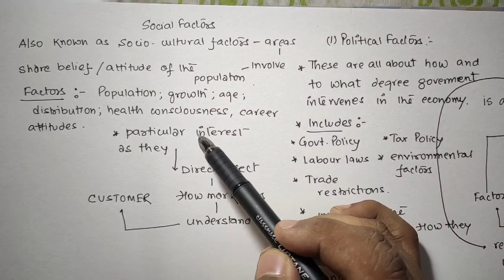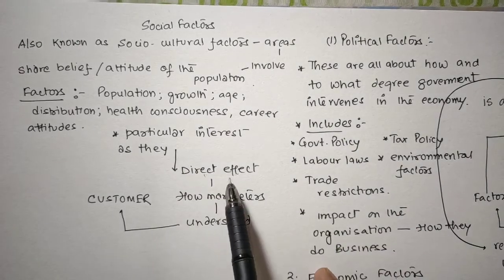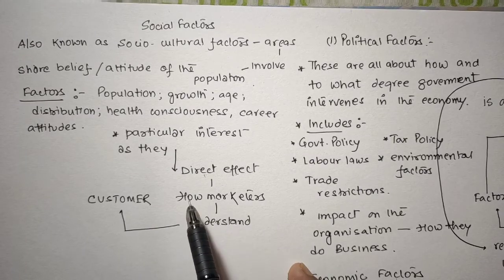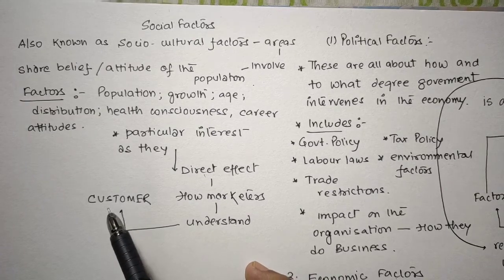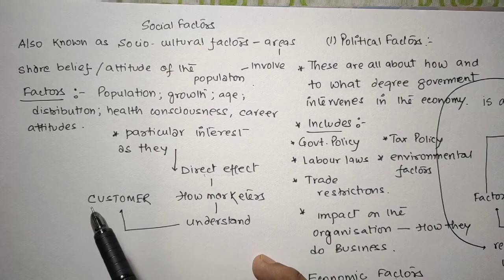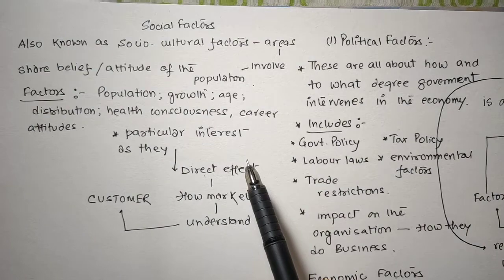These factors are of particular interest as they have a direct effect on marketers. Why marketers? Because they want to understand the customer and what drives them to purchase goods and services. As you know, the customer is the king. This is about the social factor.